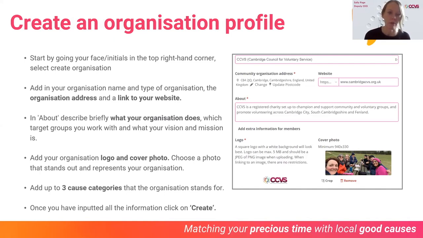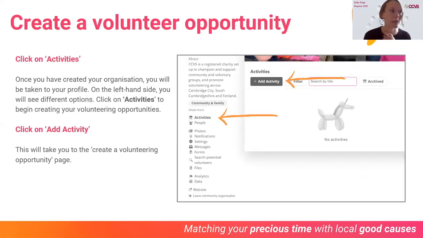And then we just approve that, so that you get a notification and you're off and you can log on to the platform and then start adding your volunteering opportunities. So that's a bit of a step-by-step. It is helpful on the website because they have explanations of all the different elements. But again, if you get stuck or need support, please do just let us know.